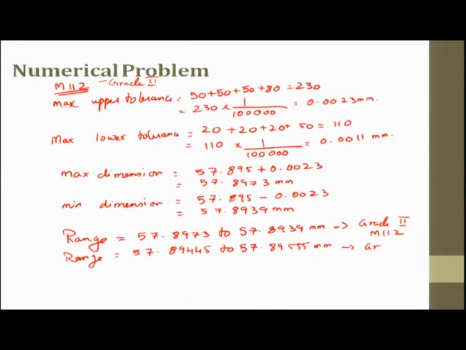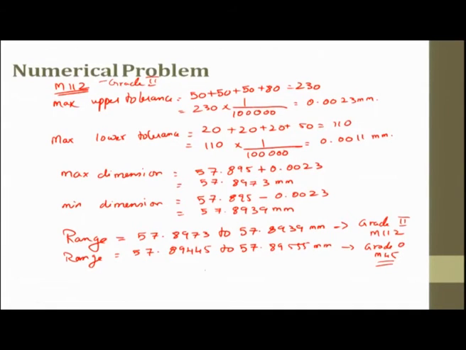This is for grade 0 M45. So, now you can say the answer. It is clear M45 should be selected for more accuracy as compared to grade 2 of M112. So, like this you can expect problems in the examination.